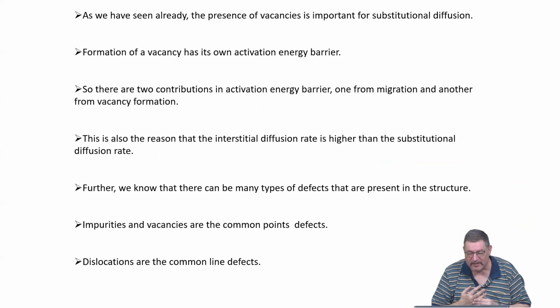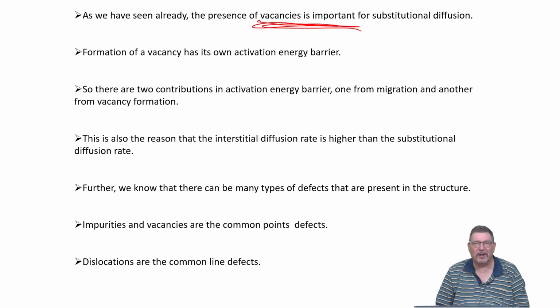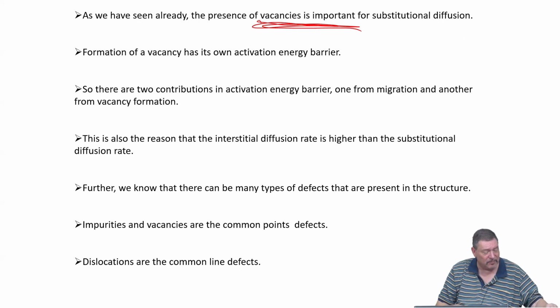So when we think of substitutional diffusion, as I said, the presence of vacancies is vital for it. There are actually diffusion processes which are described without a vacancy. That's something discussed especially for semiconductor materials, for example, ring exchange.